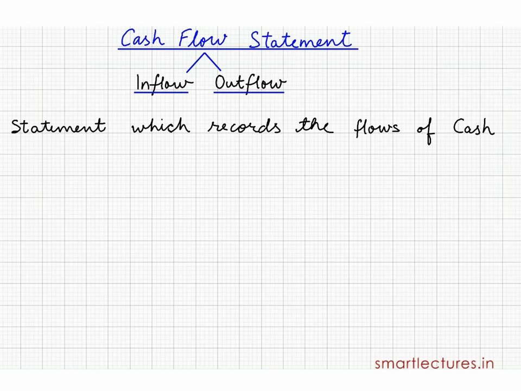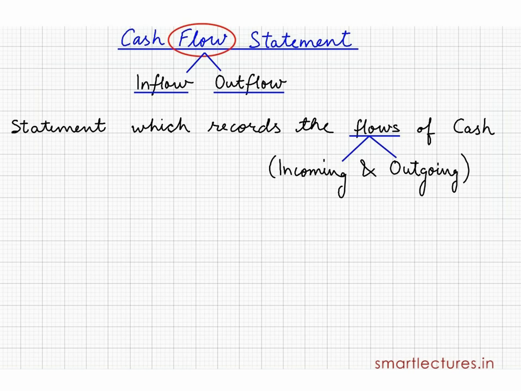Flow of the cash means incoming and outgoing. So any statement which shows the flows of cash will be called cash flow statement. So these flows of cash can be of two types. Either it will be inflow or it will be outflow.